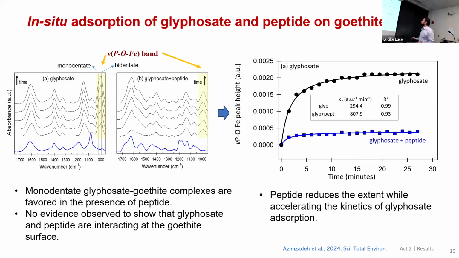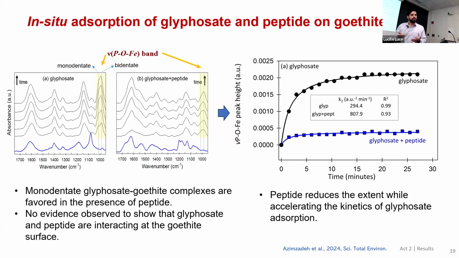Another thing is about kinetics. Also, kinetically, glyphosate adsorption is slower when it's in a solo system. But when we have peptide, it became faster. The reason is chemisorption kinetically is a slow reaction, but outer sphere complexation without chemisorption is faster.